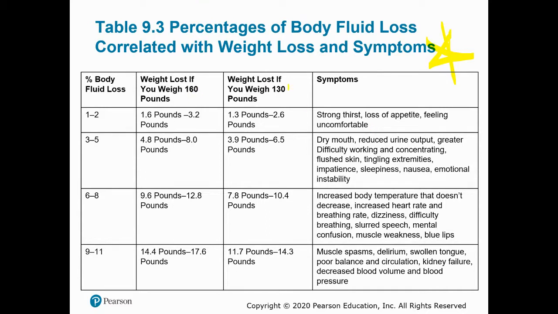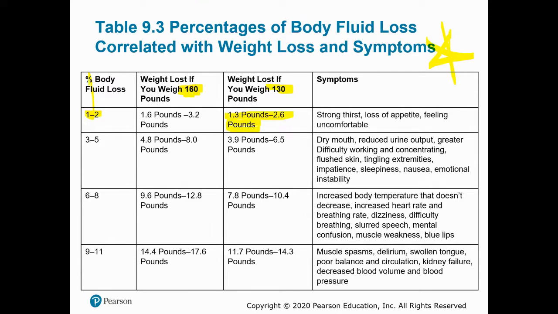So the 2 middle columns here are showing you, depending on a rough body weight, if you weigh around 160 pounds or around 130 pounds, if you were to lose 1 to 2% of your total body fluid, you'd be losing 1.3 to 2.6 pounds if you weighed 130.